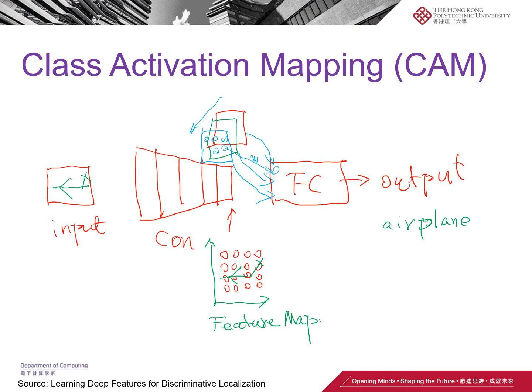For example, we can take the average of those weights for this channel, and we can take another average for this channel and another average for this channel. Then after this, we can fuse the feature maps using a weighted average.